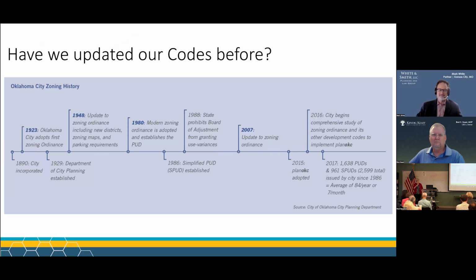Most importantly, like I said, we want you to know how you can be involved and stay involved. The code update process began in 2017 with what was called phase 1 diagnosis that was done by a separate consultant, and then the current consultant team was hired in 2019, and we expect our work to be mostly finished by the end of 2023.